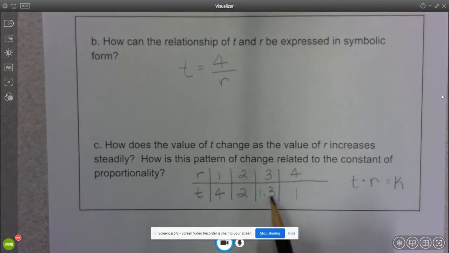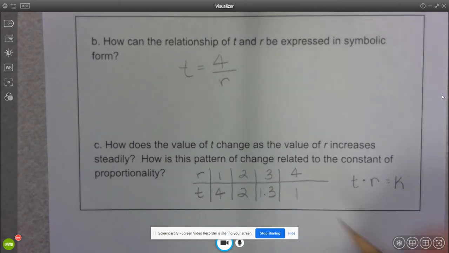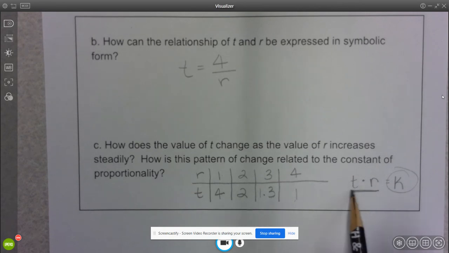This was a long repeating decimal, but it would give me 4. And 4 times 1 is going to give me 4. So since this is always 4, I know this represents inverse variation, and that value is my constant.